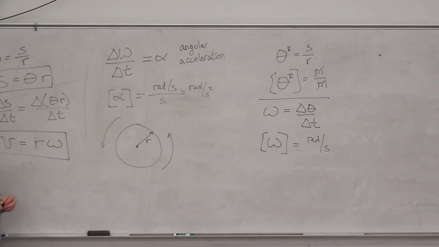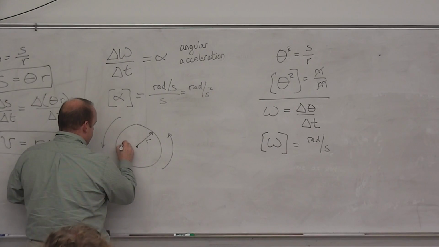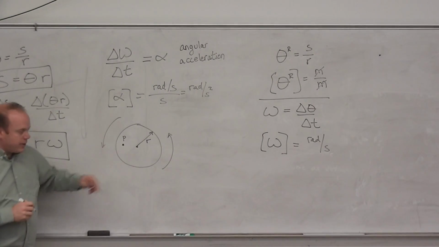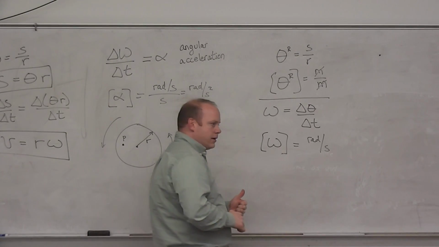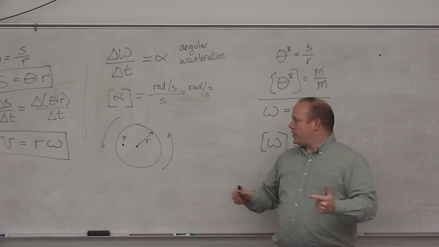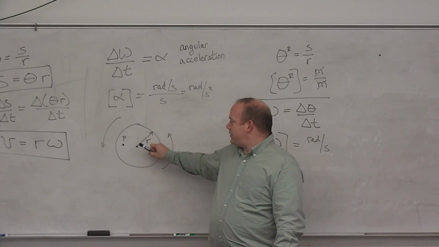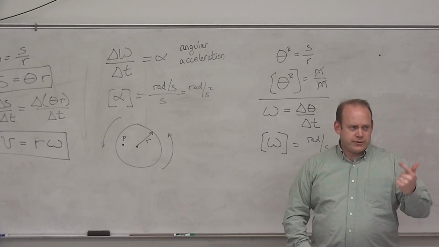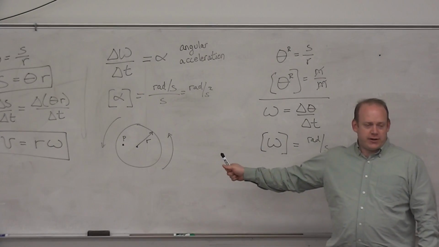We can look at a spot right here, we'll call it point P. As this spins around, we can look at the velocity of that point P, and its angular velocity. We can look at whether that angular velocity is changing, the angular acceleration. We can even look at the actual tangential acceleration. Now, it will definitely have a centripetal acceleration here.